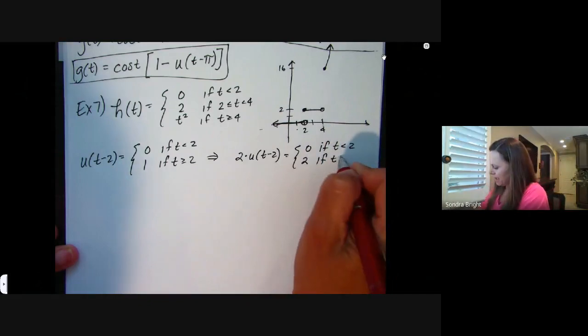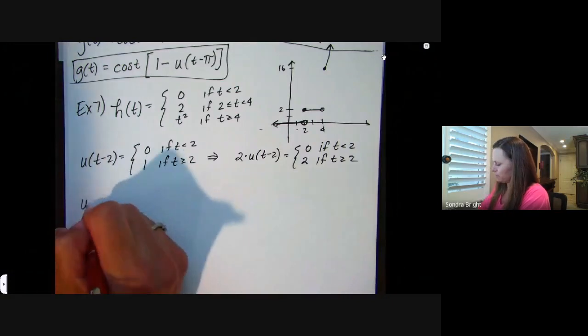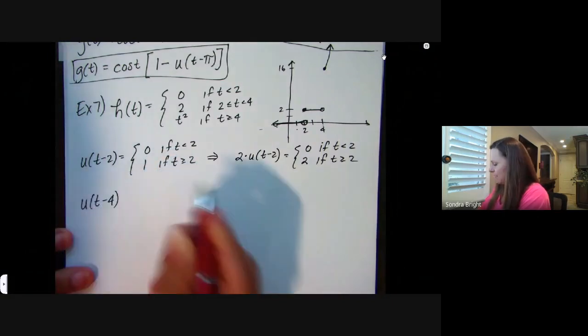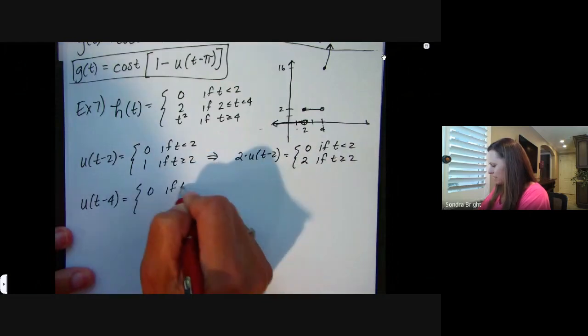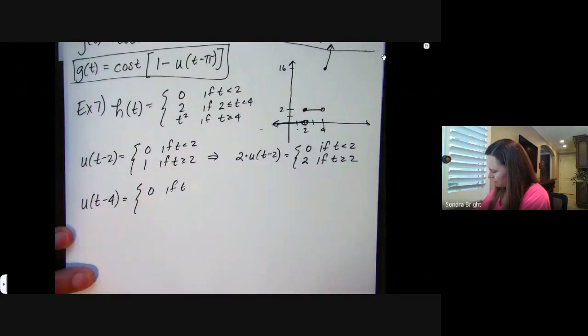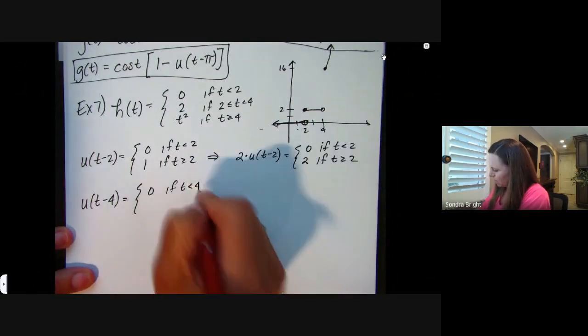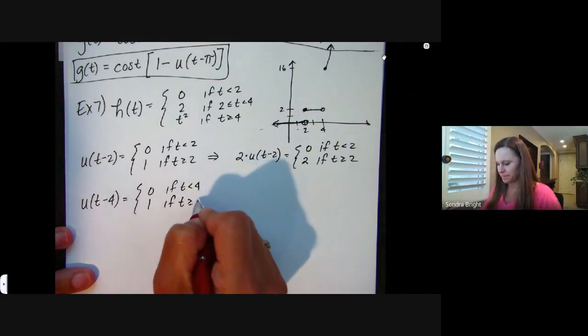And then I have the unit step function for t minus 4. By definition that is 0 if t is strictly less than 4, but 1 if t is greater than or equal to 4.